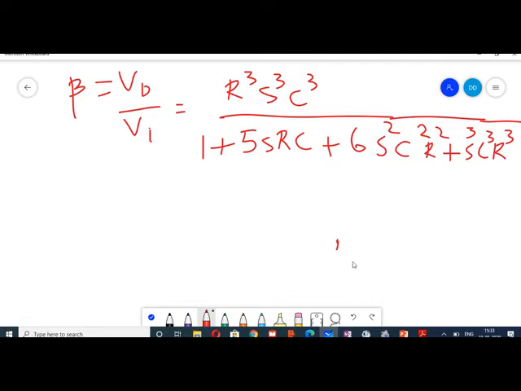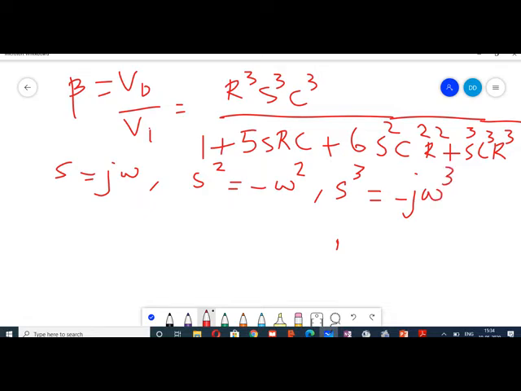And now, previously we had replaced j omega by s. Now s we replace again by j omega. So if s is j omega, then our s square becomes minus omega square and s cube becomes minus j omega cube.